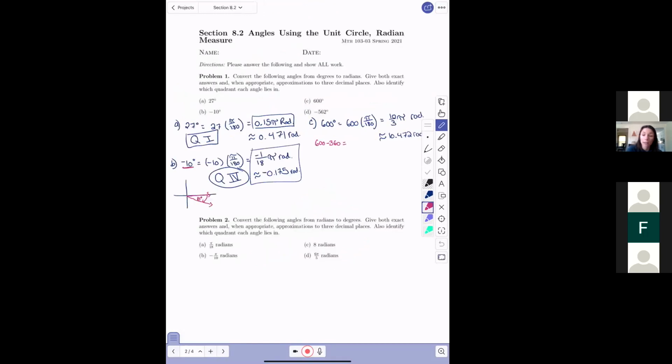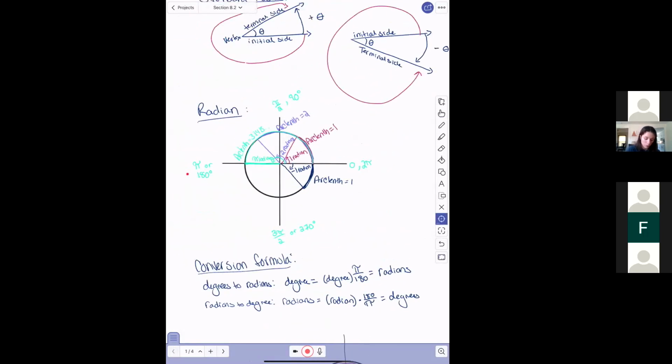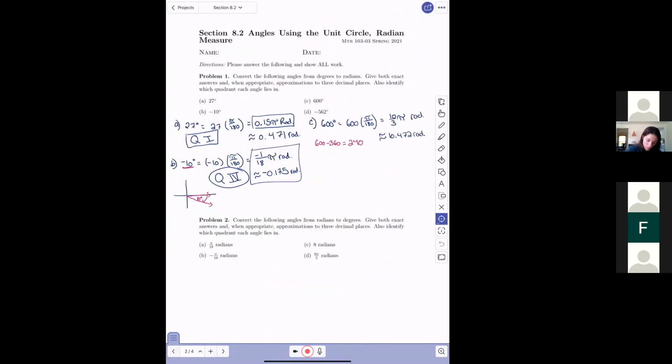So if I subtract 360 from 600, I'm left with 240. And remember those 4 important numbers I told you, these green ones here. 240 is between 180 and 270. So that means that this is in the 3rd quadrant. So we're in quadrant 3. Okay.